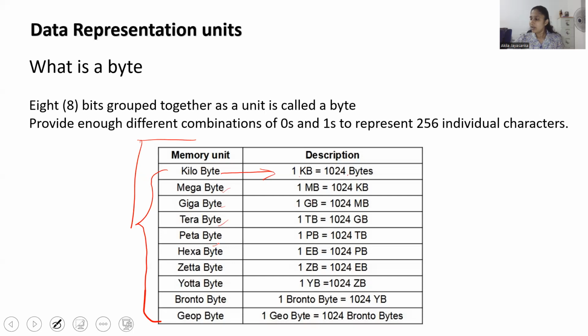So when it comes to the description of these memory units, 1 kilobyte we can represent using 1024 bytes. 1024 bytes represent 1 kilobyte. I will write from here, so you can represent using 8 bits.